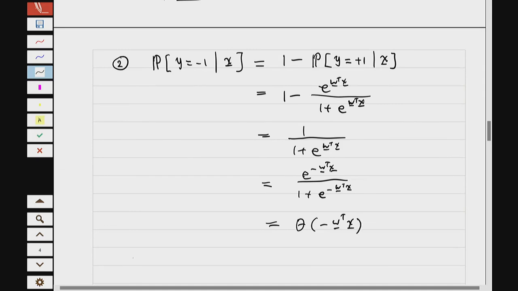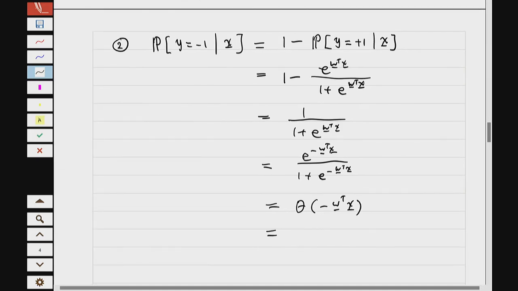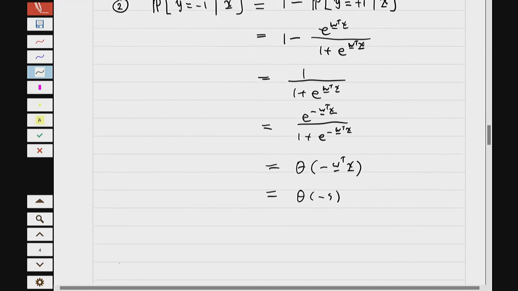And of course, this is simply theta of minus s. So it turns out that the probability of y is -1 simply is theta of minus s in this hypothesis. And this is the so-called logistic regression hypothesis. It has this nice property, a nice symmetrical form.